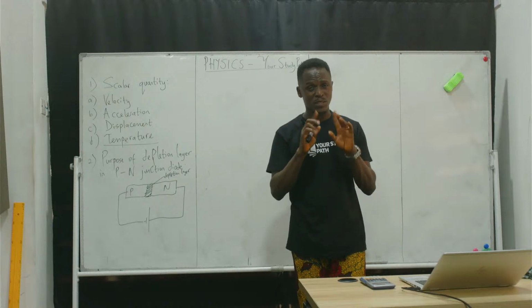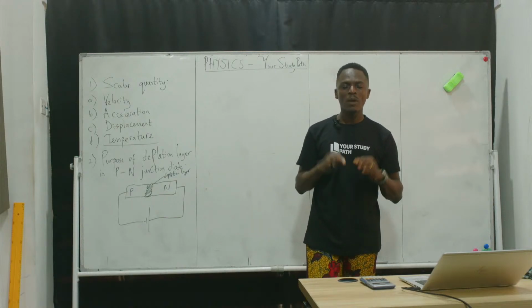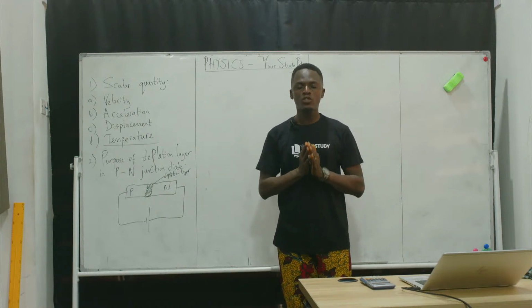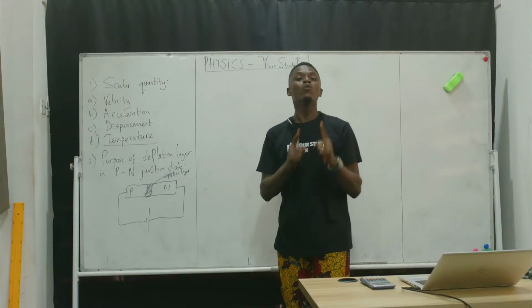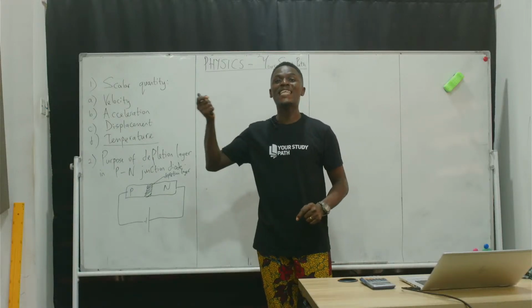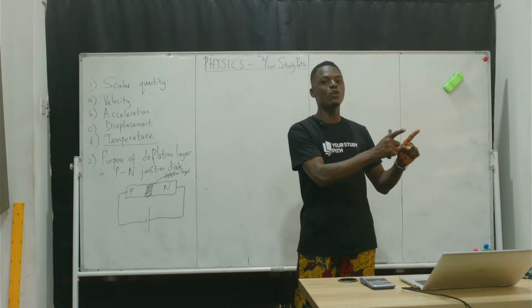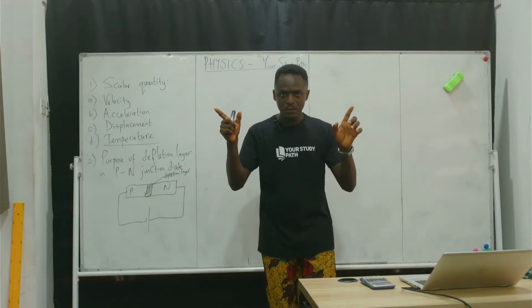All these might not be popular words for you, but let's break it down in simple English. You should understand that they are not asking for the function of the diode. When they are asking for the purpose of a diode, then you are directing your answer towards current.